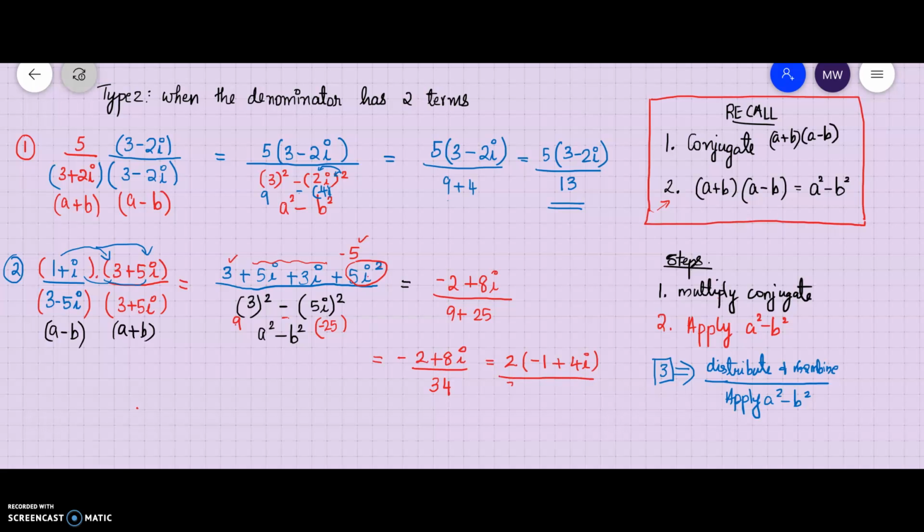In the denominator, I have 34, and we know that 2 and 34 reduce: 2 goes into 2 once, and into 34 17 times. So my final answer becomes (negative 1 plus 4i) over 17. Okay. So this is how you would divide complex numbers.